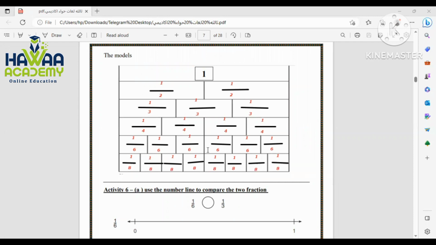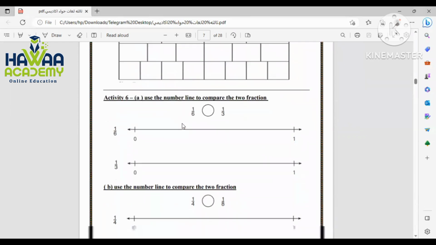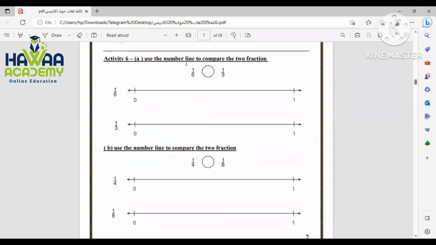Okay. Let's continue. Activity number 6. Use the number line to compare the two fractions, 1 over 6 and 1 over 3. Okay, let's go down. The first number line I will cut into 3 parts. This is 1 over 3, 2 over 3, and this is 3 over 3.